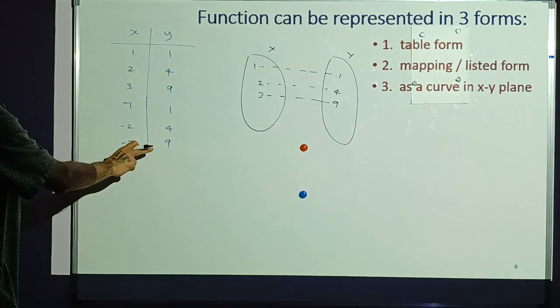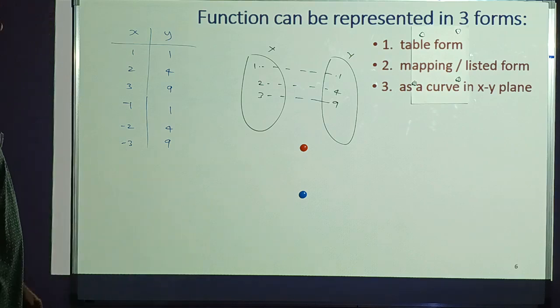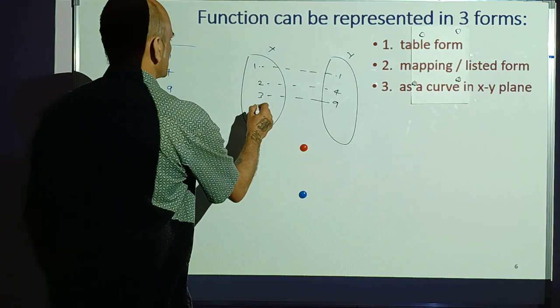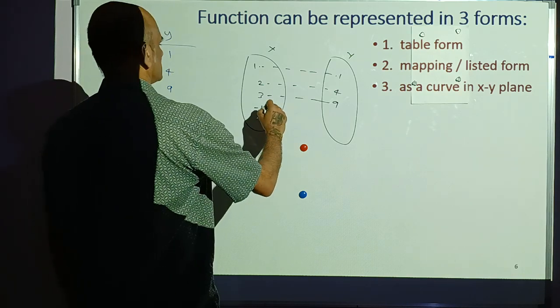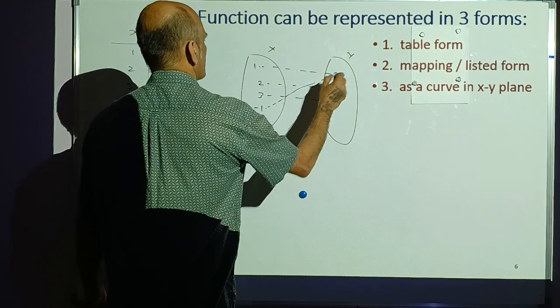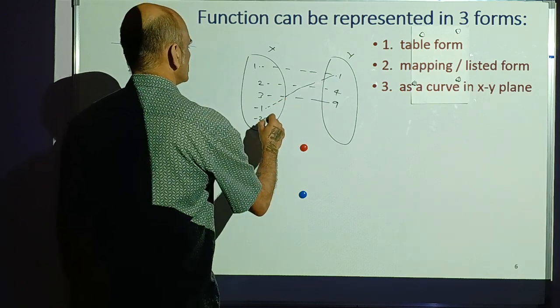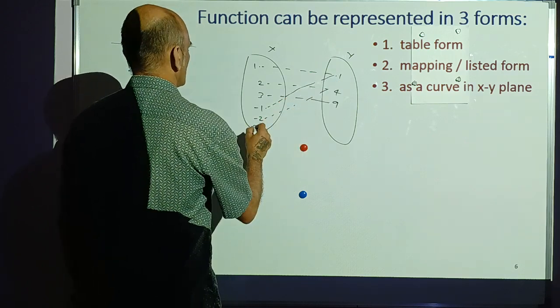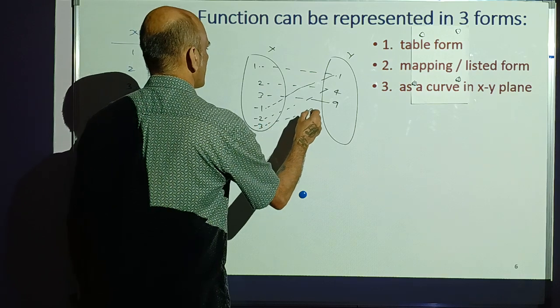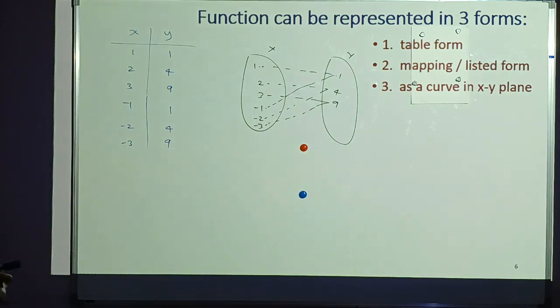I am representing the same relation using this form, and then minus 1 to 1, minus 2 to 4, and then minus 3 to 9. So this is another way of representing this same information.